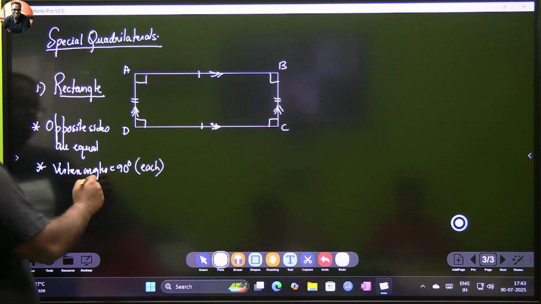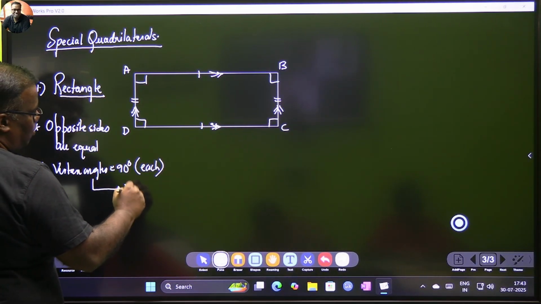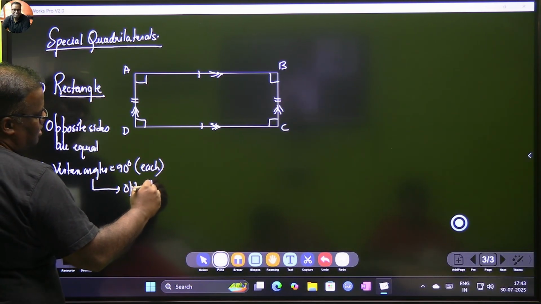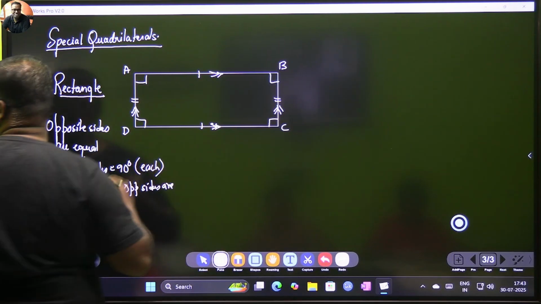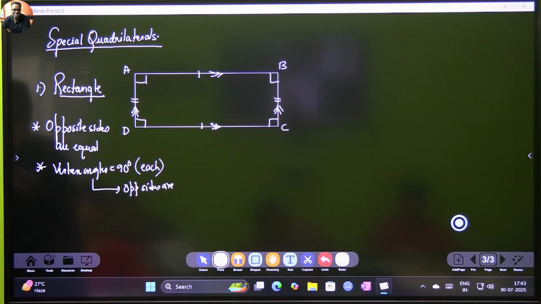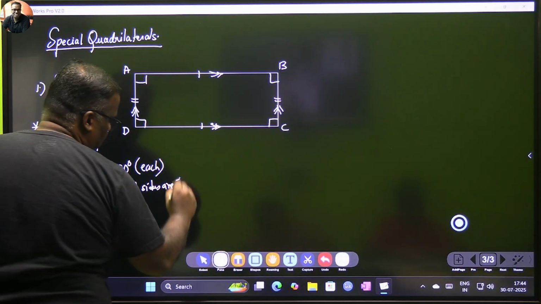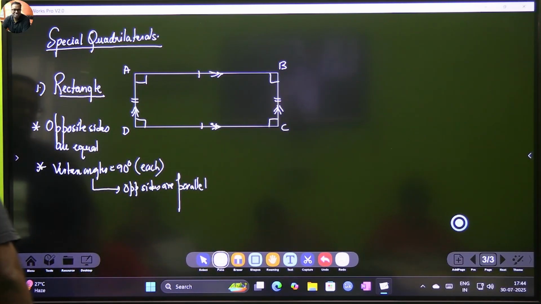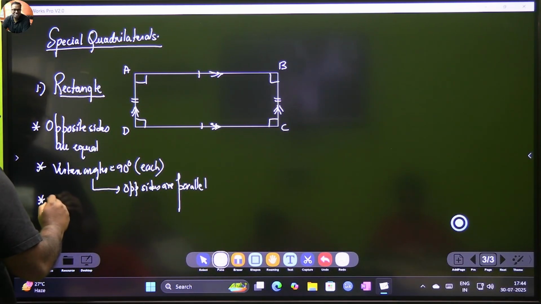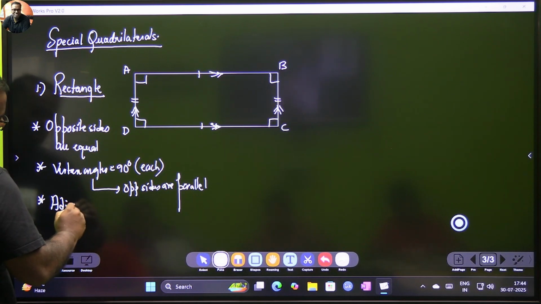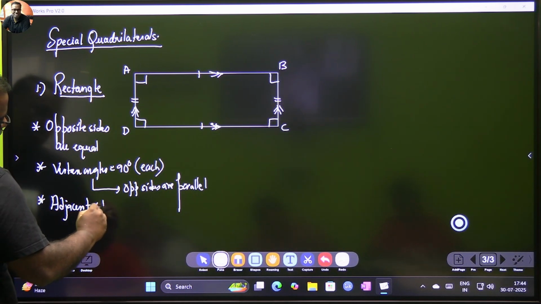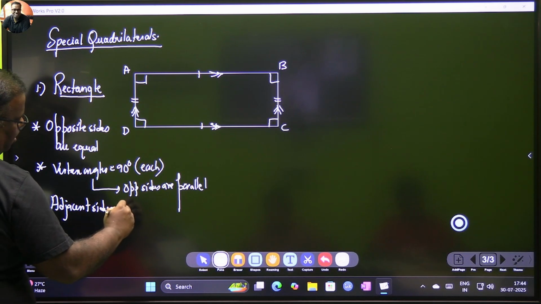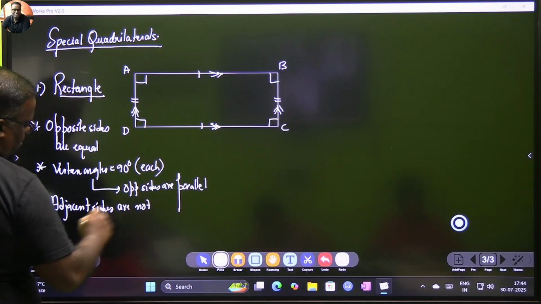So if this is, then from here we get opposite sides are parallel. Opposite sides are parallel. Adjacent sides are not equal.